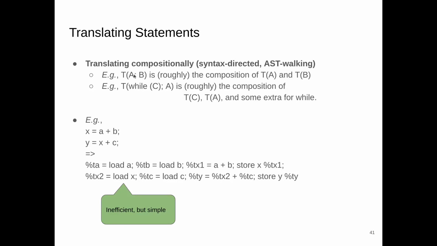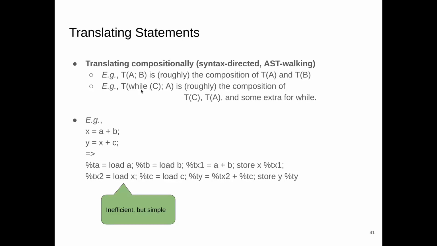Just the juxtaposition of statements is easy to translate because we can just translate the first statement and then translate the second statement right after the translation result of the first statement. So it is very easy. Just concatenation is enough for translating this A semicolon B.